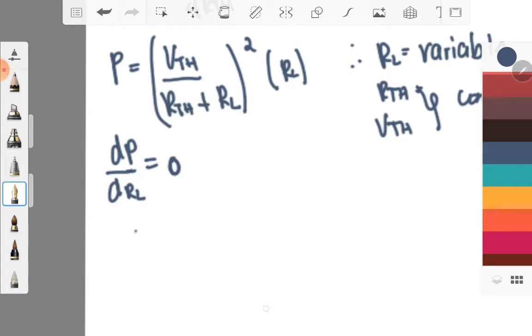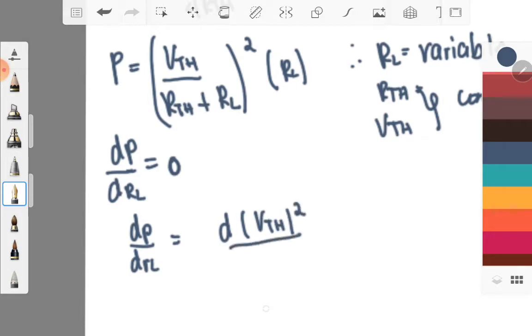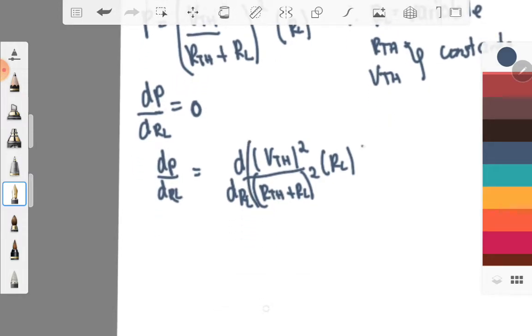So therefore, let us differentiate your power with respect to RL. So differentiating dP over dRL, we have the derivative of VTH squared over RTH plus RL, squared, with respect to our RL, and multiplied by our RL of course.